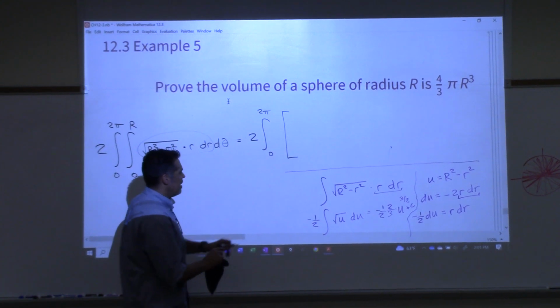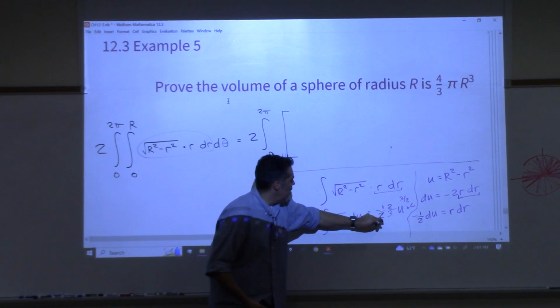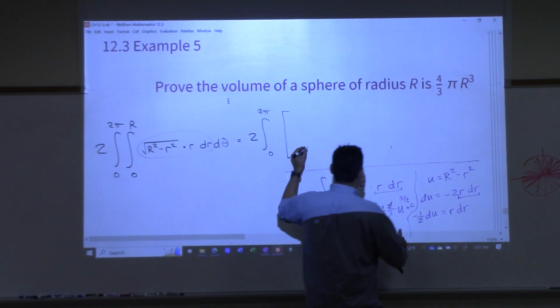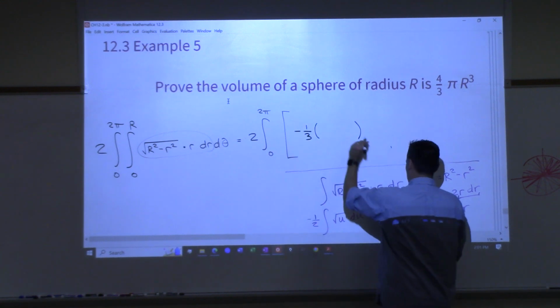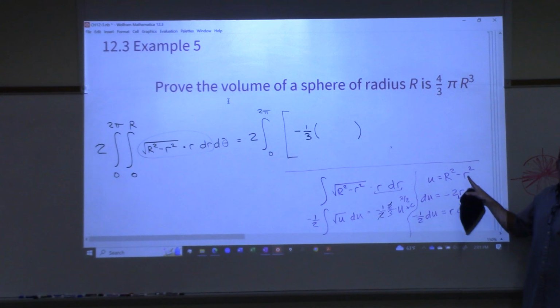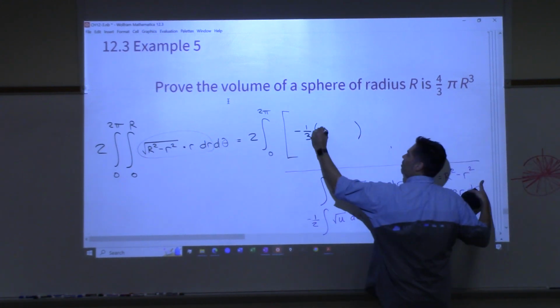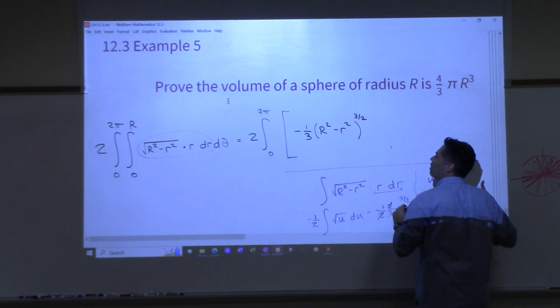So I think I'm going to plug in now. This is my antiderivative. The 2's go away. So negative 1/3 u to the 3/2. U was capital R squared minus little r squared. So capital R squared minus little r squared, to the 3/2.